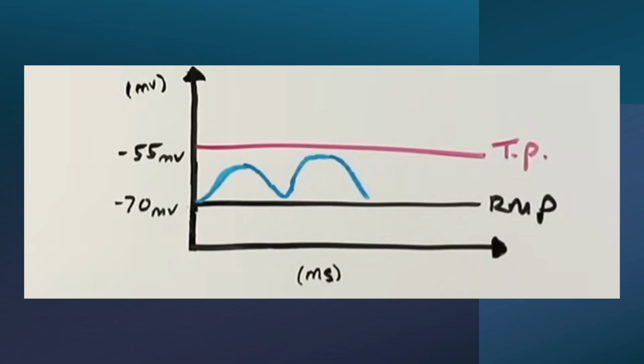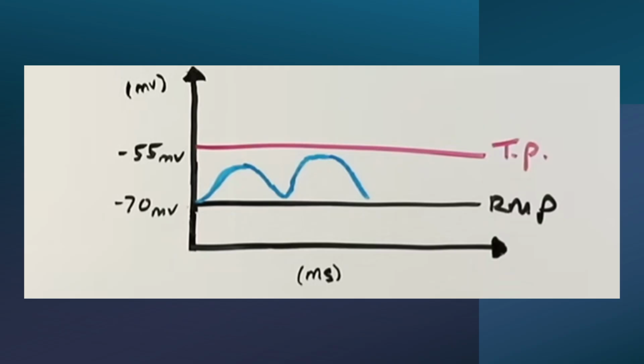If you take a chart, and we're right now at resting membrane potential of negative 70. Excitatory, small excitatory postsynaptic potential only gets the cell to, let's say, negative 65.